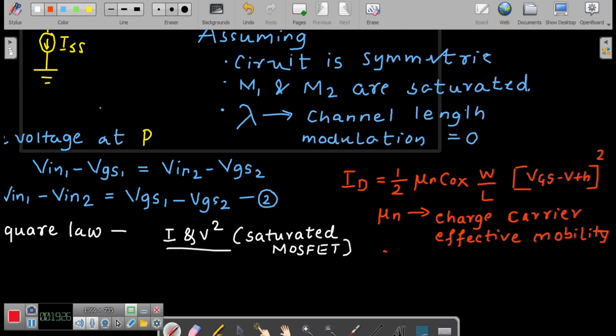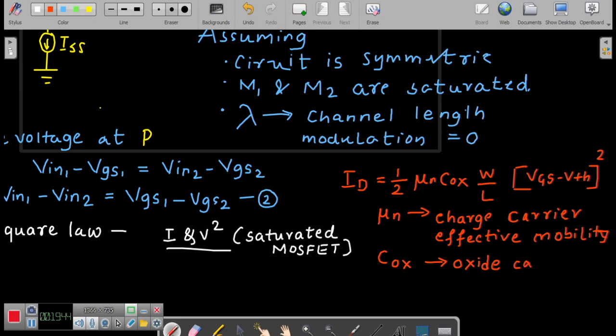Then COX, C definitely is the capacitance. This is called the oxide capacitance. Whenever you manufacture the MOS devices, all these parameters have their own influence on the drain current.